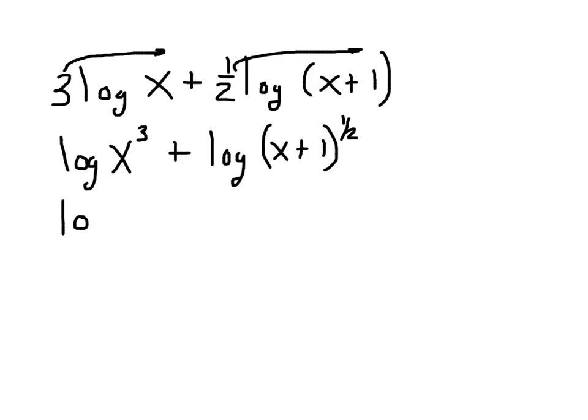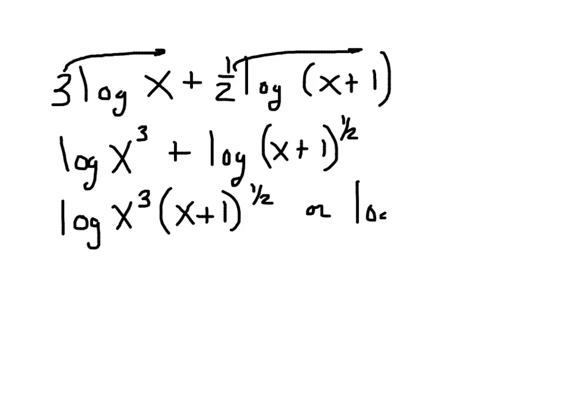So this log x to the third times, and the reason why I'm timesing it is because multiplication is the same as adding, and vice versa. Now that's an acceptable way to leave the answer. Another alternative, depending on your instructor, would be if you were to put it like this.